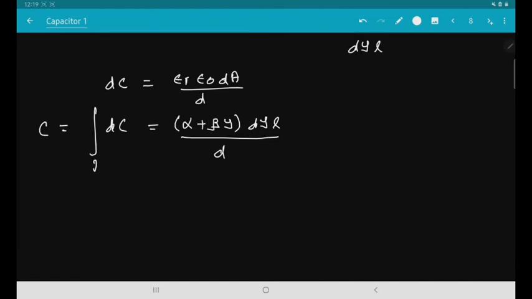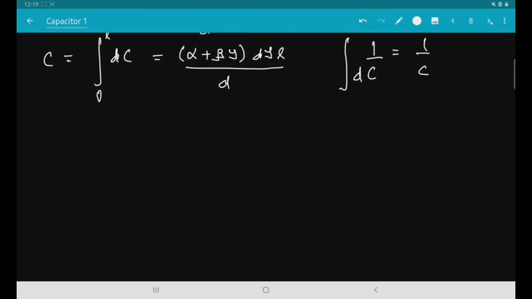We'll be integrating from 0 to L. If it was a parallel capacitance, we would have to integrate 1 by C. That means we will have to integrate 1 by dC, and this would give us the parallel capacitance. Here we are considering series capacitance. So now let us integrate this.